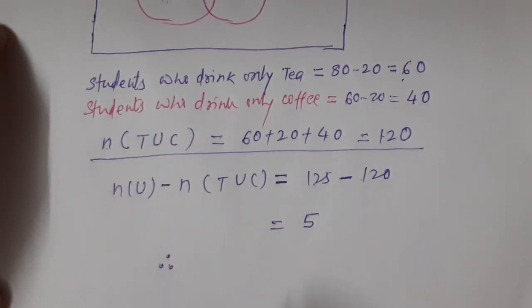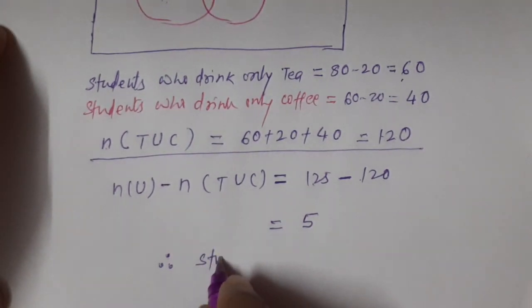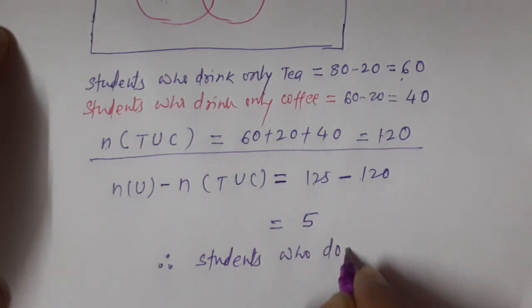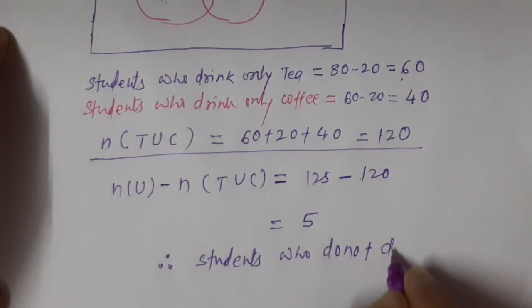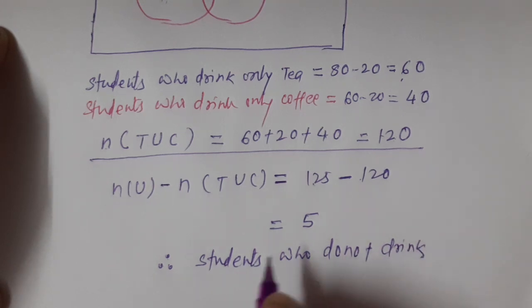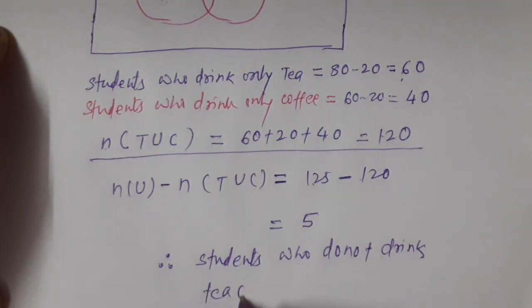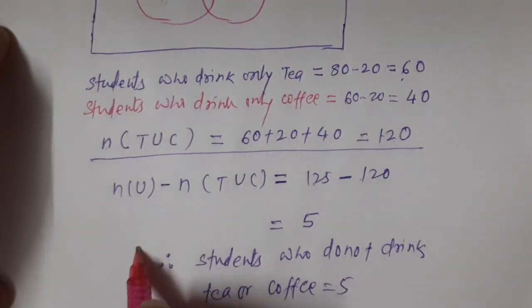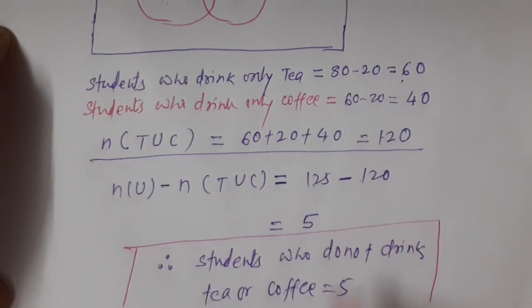So the students who do not drink tea or coffee is equal to 5. So this is the answer.